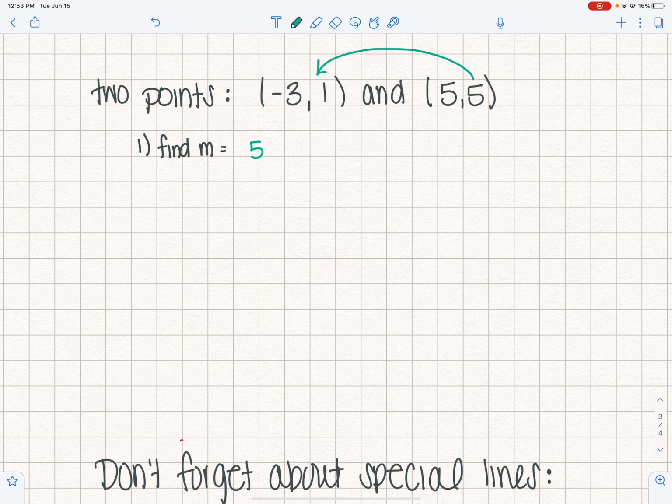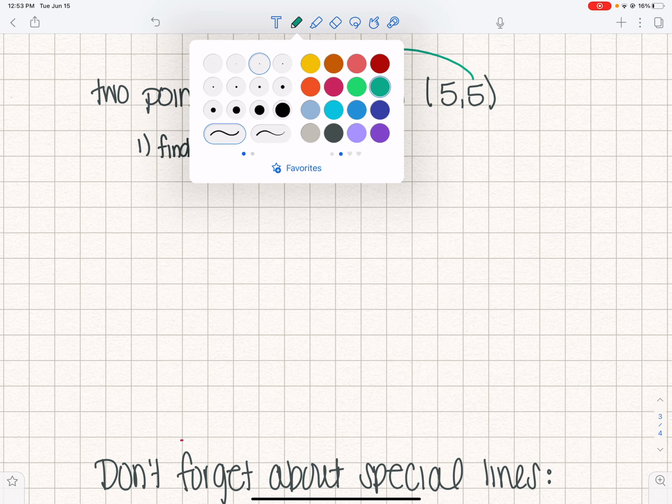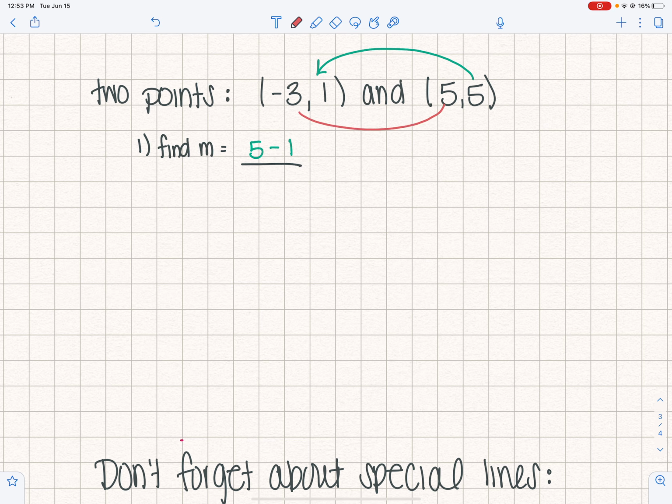So I've got 5 minus 1 over subtract the x's from back to front. 5 minus negative 3. I'm going to then simplify that. 5 minus 1 is going to give me 4. 5 minus negative 3 is going to turn to a positive. So that's going to give me 5 plus 3, which will give me 8. And I will reduce that down to 1/2. So I've just found that my slope is 1/2.